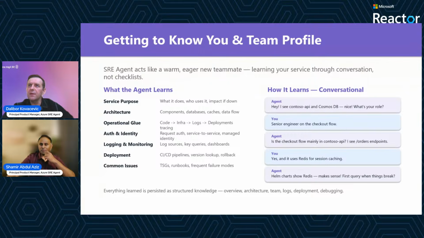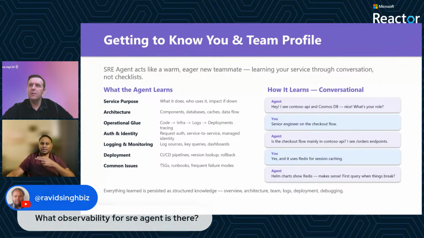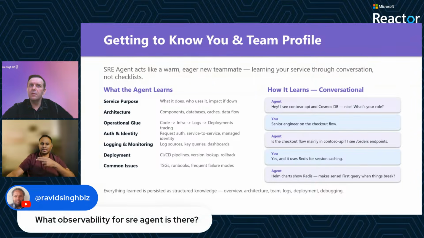Let's see here. Cool. What observability is there for SRE Agent? I think that's a two-part question. Our telemetry gets into Application Insights automatically, so you'll be able to monitor SRE Agent from there. And if you're talking about observability from different platforms, we support Application Insights and Azure Monitor as of now.